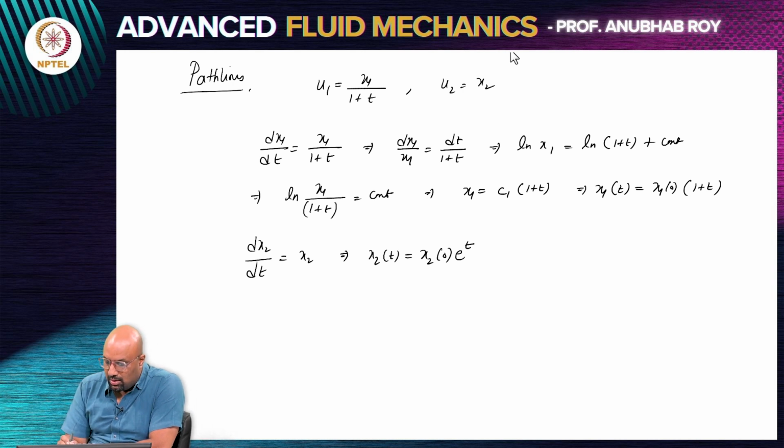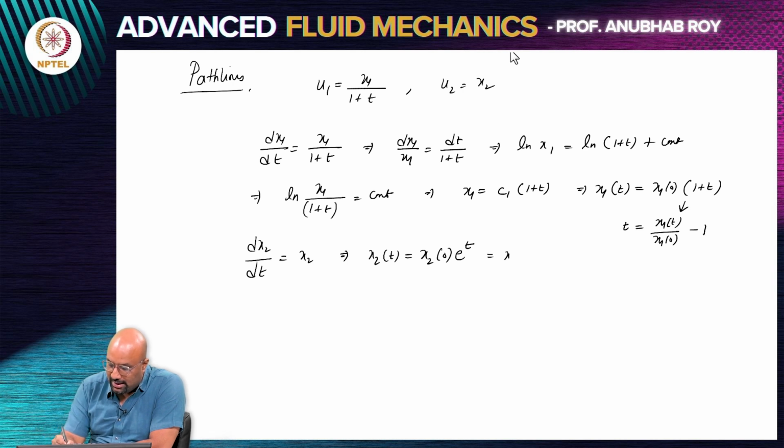So now, in order to make sense of the path lines, if I want to plot them, I would want to plot x2 as a function of x1. So to do that, let's try eliminating time from the equation for x1. From there we have x1 of t divided by x1 of 0 minus 1.